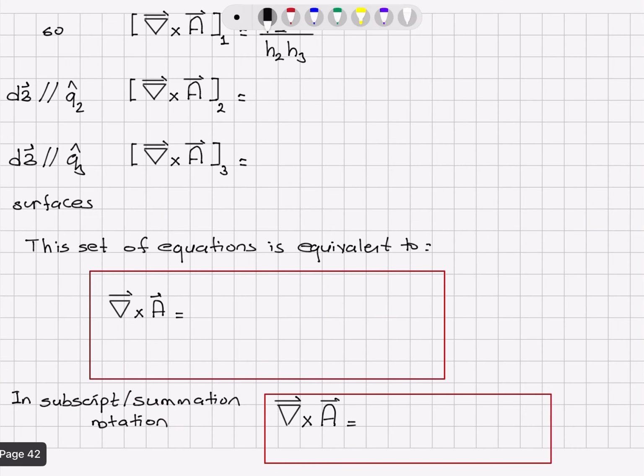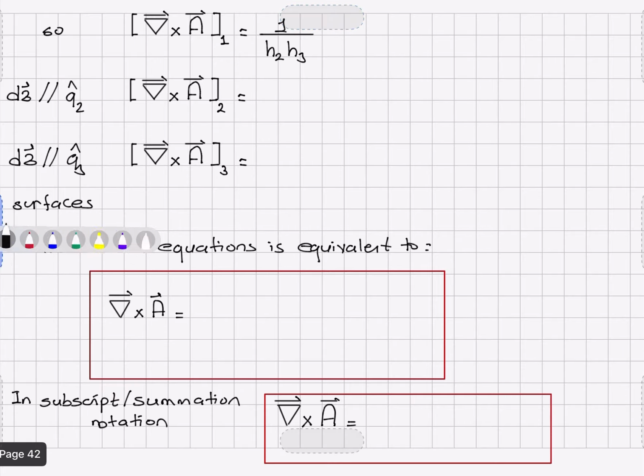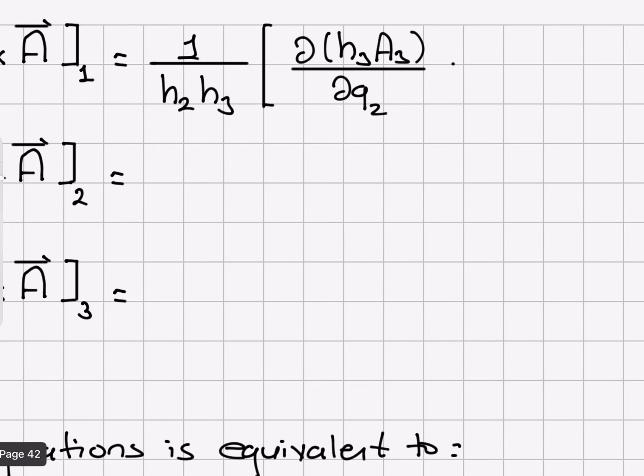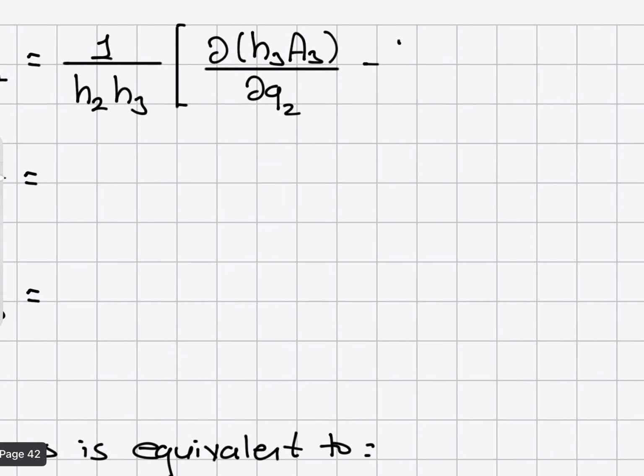Now I have, let's take this here for the moment, partial derivative of H3, A3 with respect to Q2 minus the partial derivative of H2, A2 with respect to Q3.